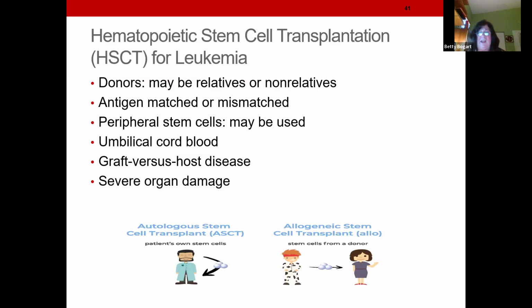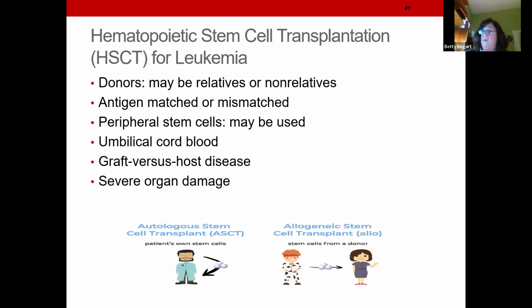That's actually the best of all the types of cells that they can replace into that body, and it can change the leukemia. It's called autologous. Now, how do I remember autologous versus allogenic? So autologous is automatically mine is the best. I want to use mine.